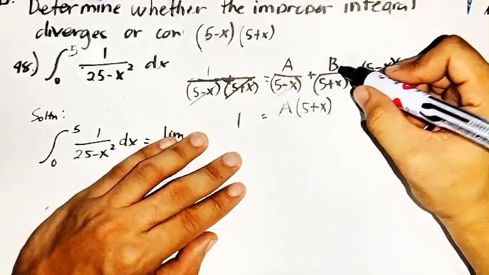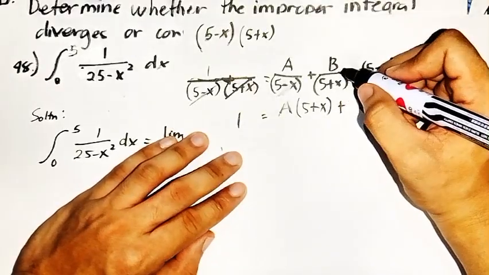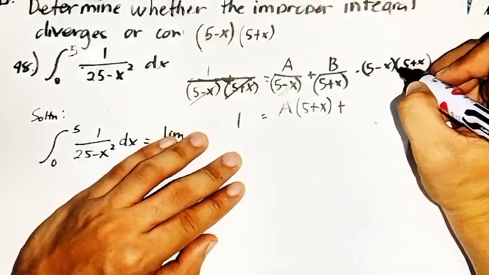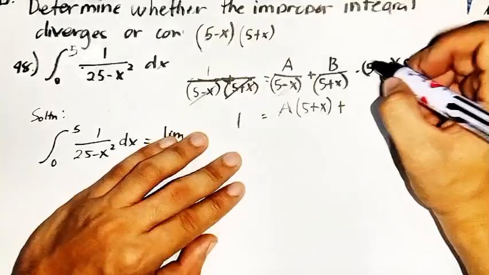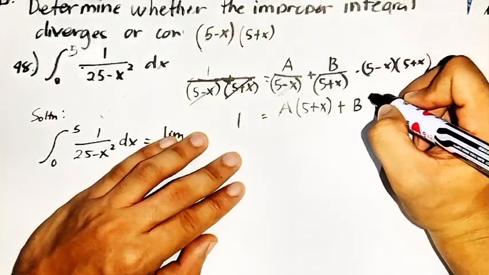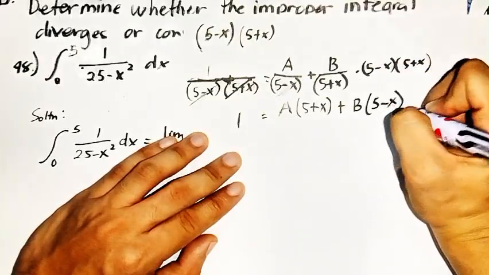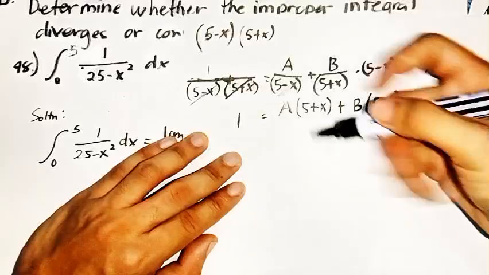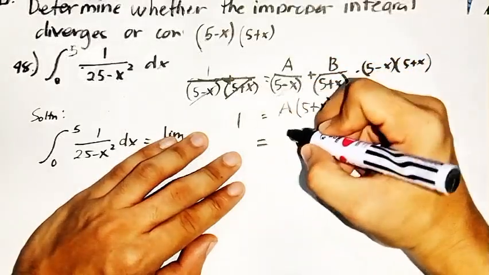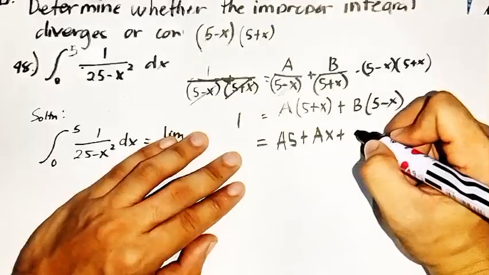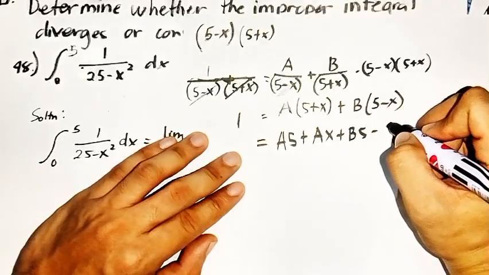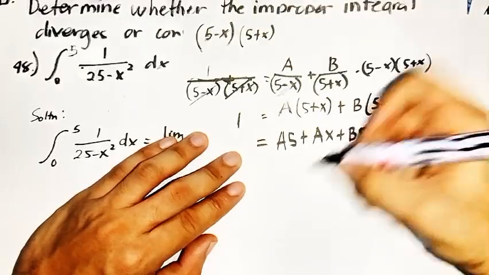Now, plus b over 5 plus x times 5 minus x and 5 plus x. So cancel the 5 plus x also. So magiging b times 5 minus x. So let's distribute. So magiging a5 plus ax plus b5 minus bx.